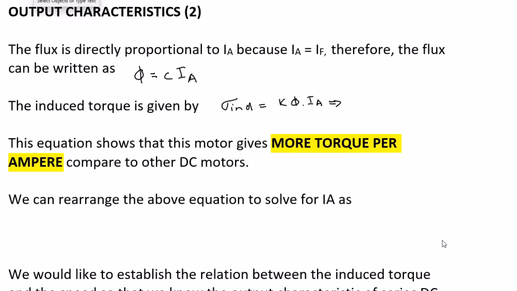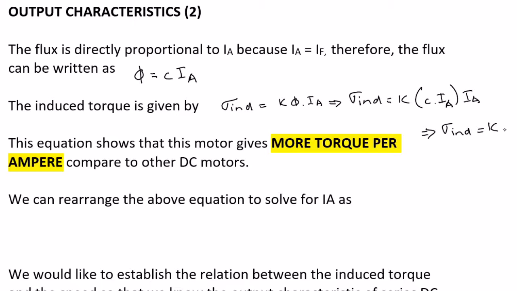Then we can substitute flux by C times IA, so we have induced torque equals K, substitute flux by C times IA, into IA. So what we are going to have here is that the induced torque is equal to K times C times IA squared.